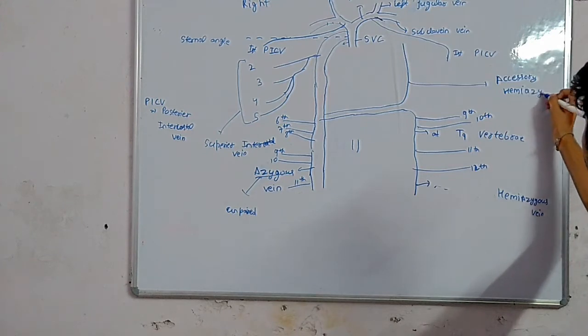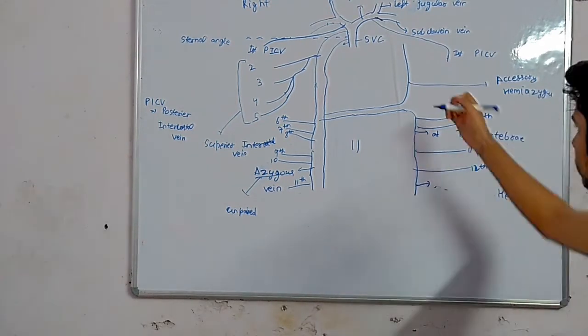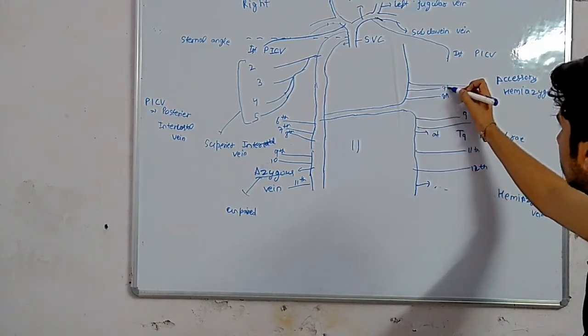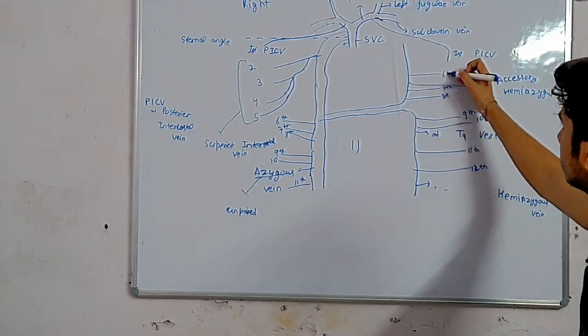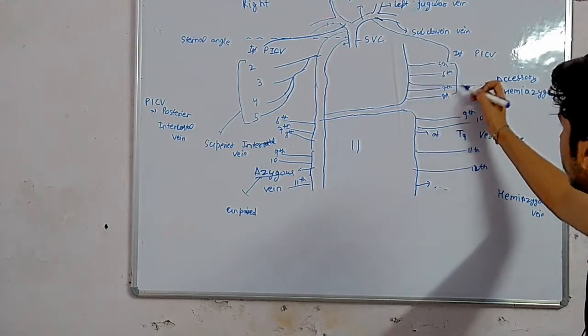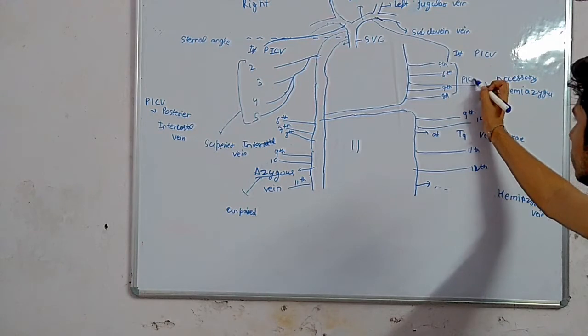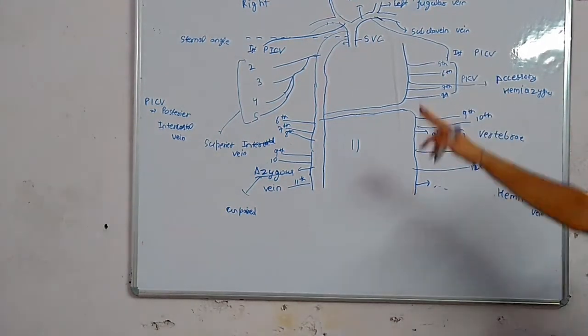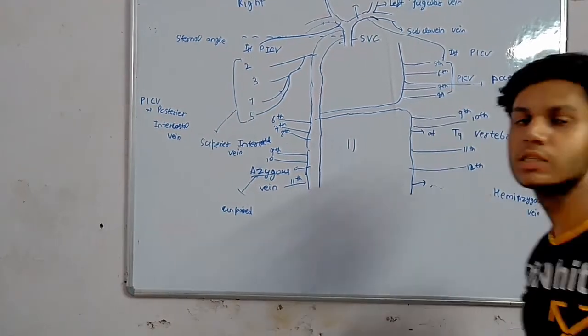Then it also gives the eighth, seventh, sixth and fifth posterior intercostal veins. Done. Now another, 2nd, 3rd, 4th, 5th spaces.